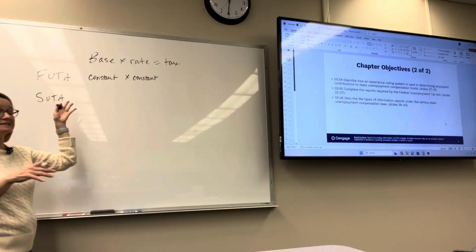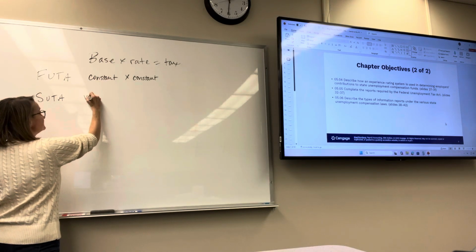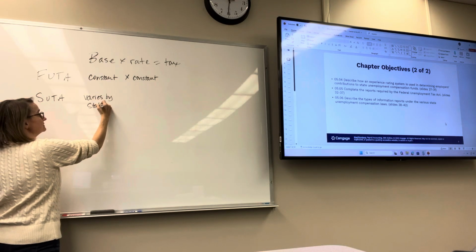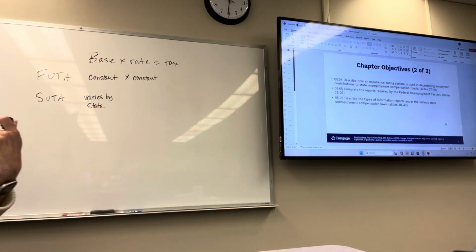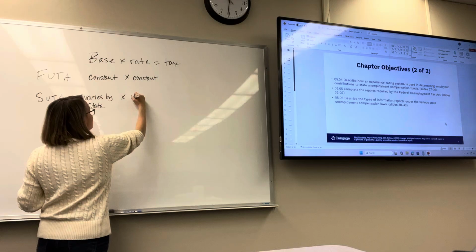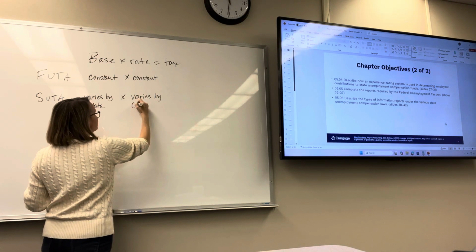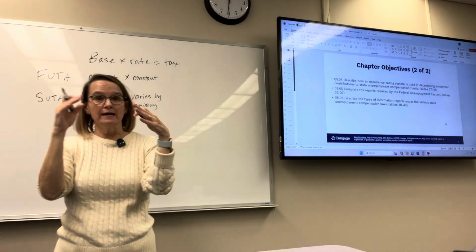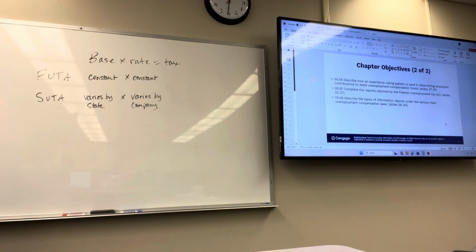Now, for SUTA tax purposes, though, our base varies by state. Each state has its own tax base, meaning the amount that is going to be subject to tax, and the rate varies by company. So one company has a different rate from another company.